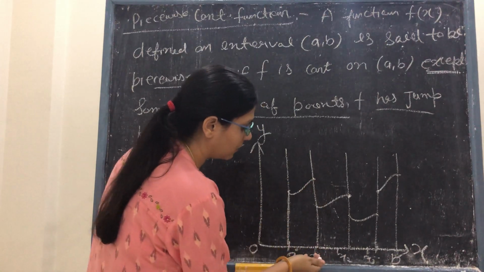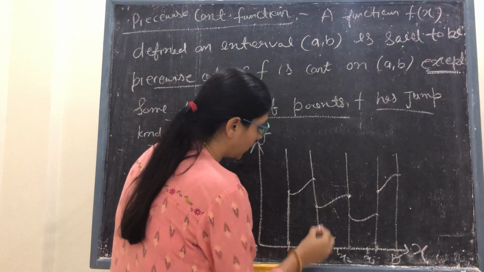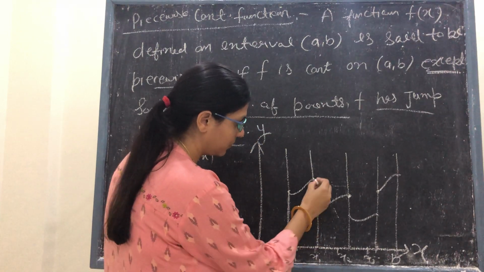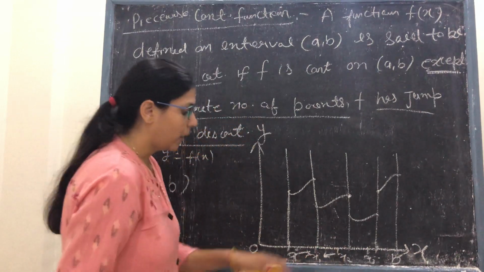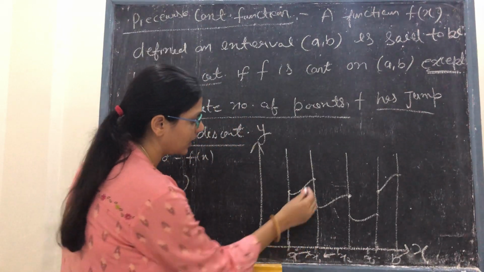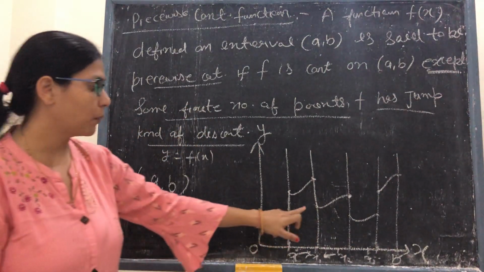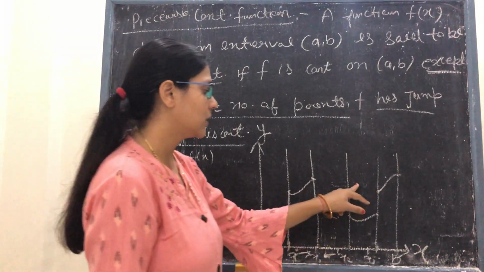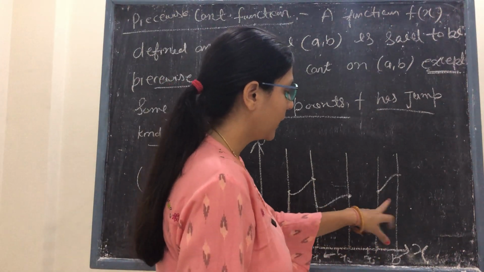But when we take the interval x1 to x2, a partition of the interval, the value at x1 is again different from the value of this point. So at the point x1, our function f(x) has two values, so f(x) has a discontinuity at the point x1. Similarly, f(x) has a discontinuity at the point x2, and at the point x3.